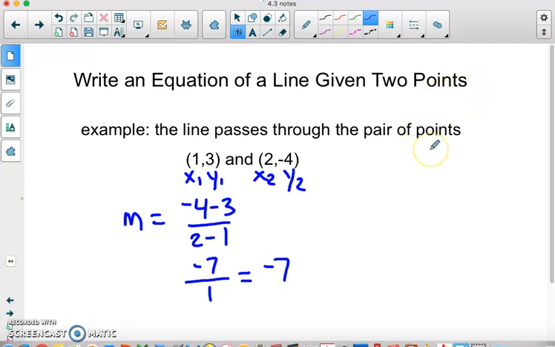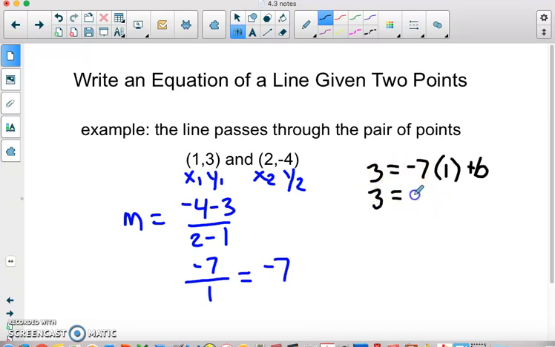And now I can plug in my slope, and I can choose one set of points to plug into the formula so that I can solve for b. So I'll just use x1, y1. So I'll have 3 equals negative 7 times 1 plus b, so that we can solve for our y-intercept.